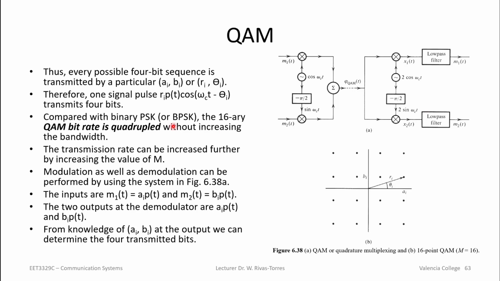The nice thing about this, compared with binary PSK or BPSK, is that the 16 QAM system bit rate is quadruple without increasing the bandwidth. That's one of the advantages of going to these M-ary systems: you get that modulation efficiency out of it, where the modulation efficiency is pretty much M. You can increase M, and people have gone crazy with QAM.